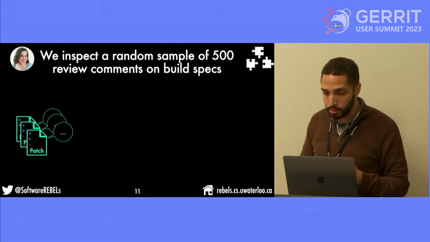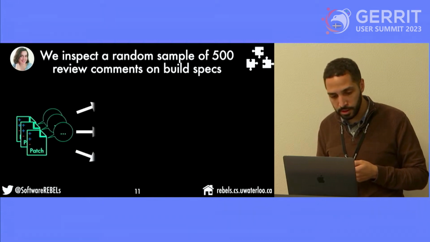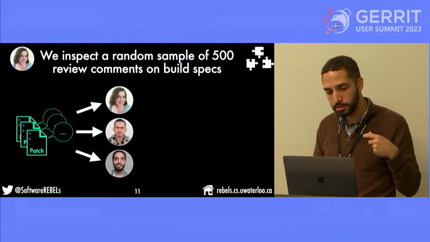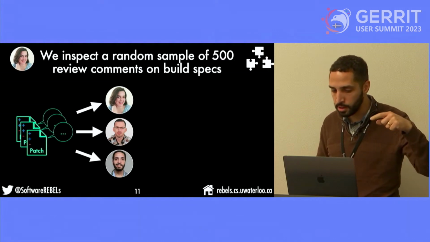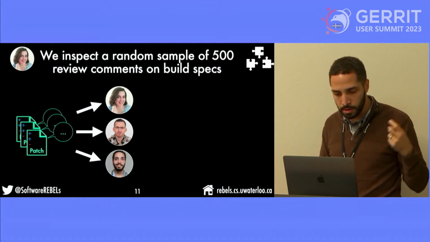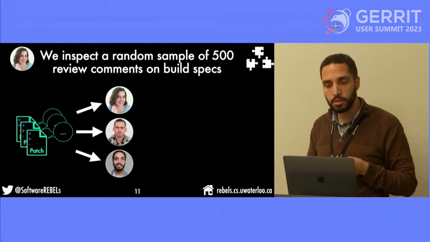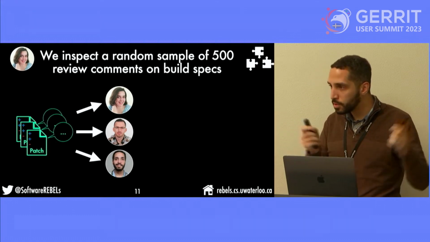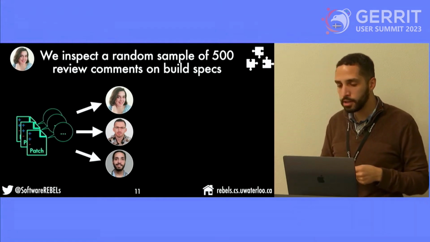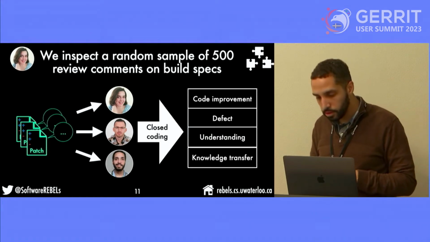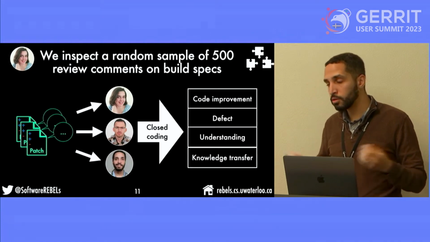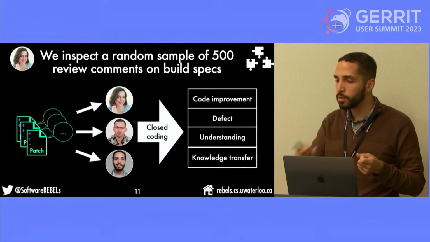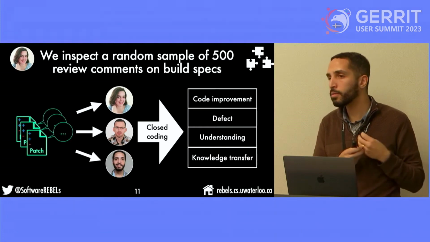Now the reason why we drew a sample of 500 is because each one of these comments was independently checked by all 3 of the authors. And that's Maddie, my PhD student at the top, Mahmoud, who is a postdoc in my research group, and myself. So we each kind of went into separate rooms and looked at this whole pile of 500 comments, and we did what's called closed coding. So closed coding means we all know what the possible categories are that we can put each comment into. And this comes from the literature.